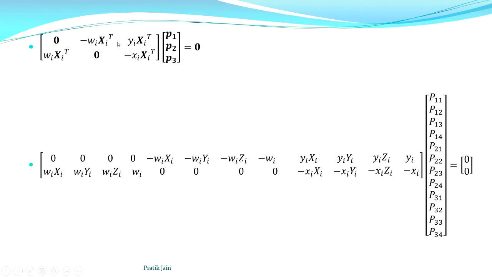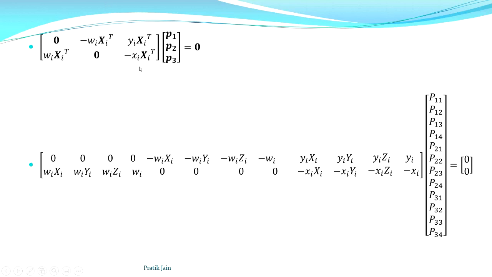If you see this thing, this has an X_i transpose over here, so this X_i transpose is nothing but x_i, y_i, z_i. This is the x coordinate of the 3D location, y coordinate of the 3D location, and z coordinate of the 3D location. Again, this is bold X, so it is a vector, and these are all not bold, so these are scalar quantities. And the same thing over here.